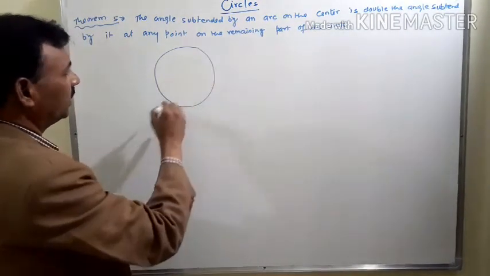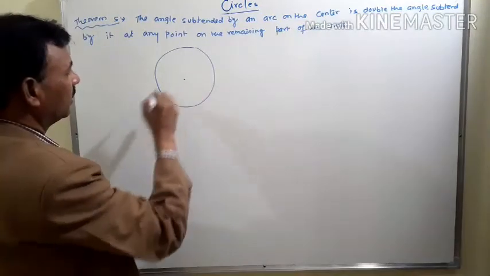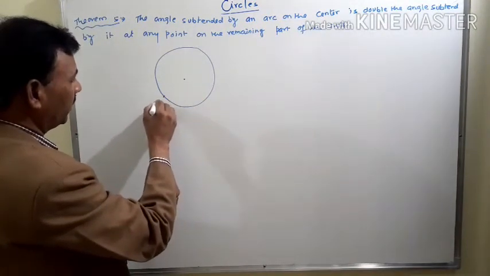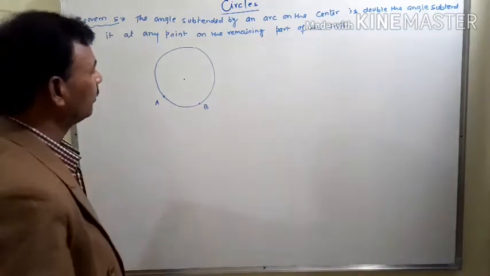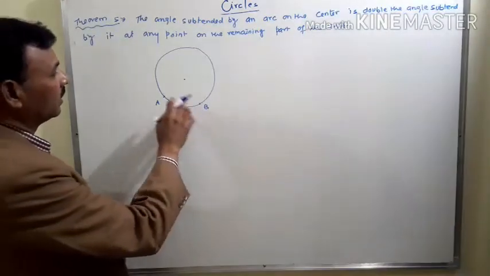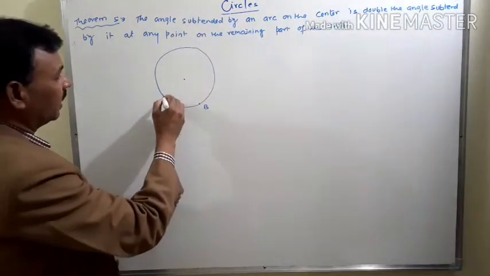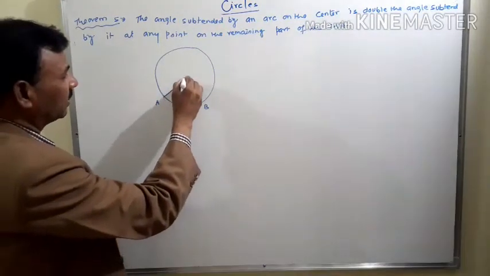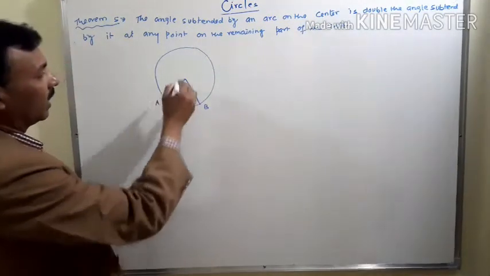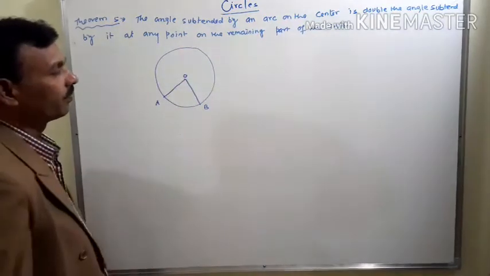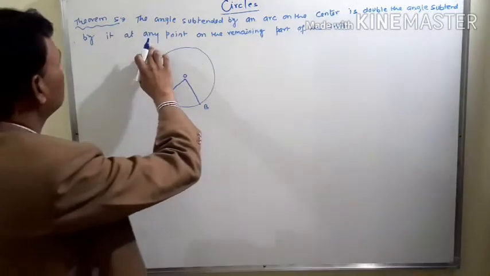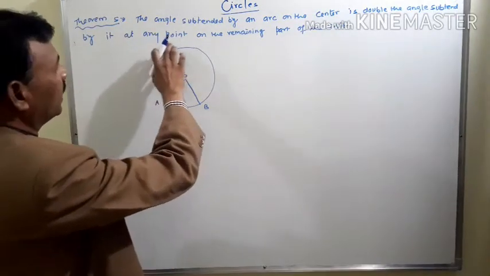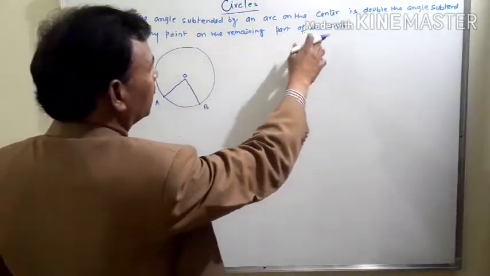In the first situation, suppose this is a circle, and if we take any 2 points A and B on this circle, then according to this concept, the angle subtended by these points at the center of the circle is twice the angle subtended by it at any point on the remaining part of the circle.